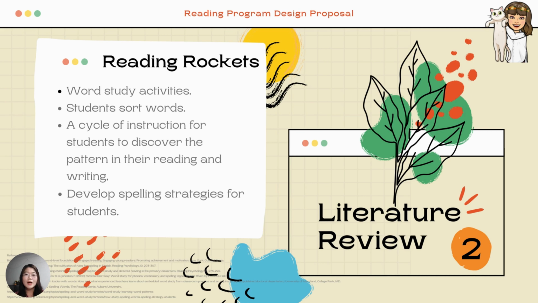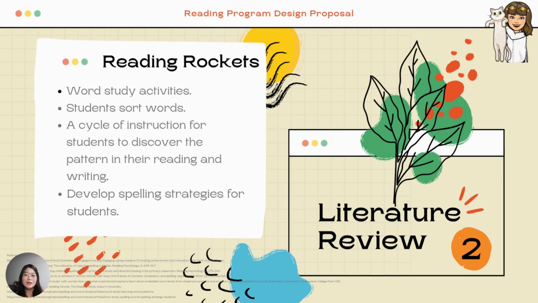Students can also sort the words and compare and contrast the different features of the words, or find words which fit the pattern being studied, or construct a word wall, a word study notebook, something like that, and also play some games to apply their word knowledge.